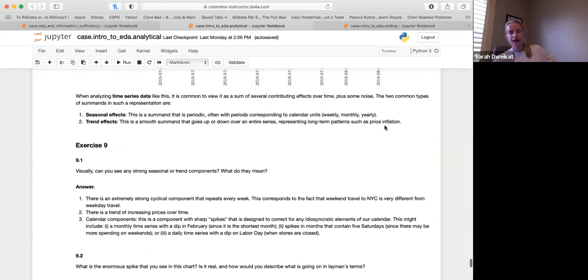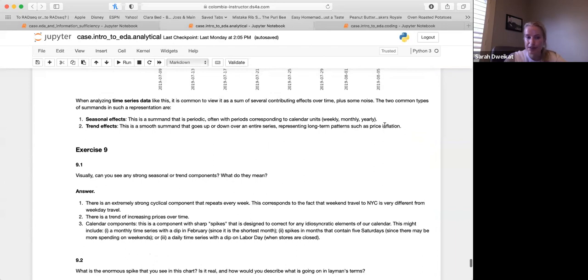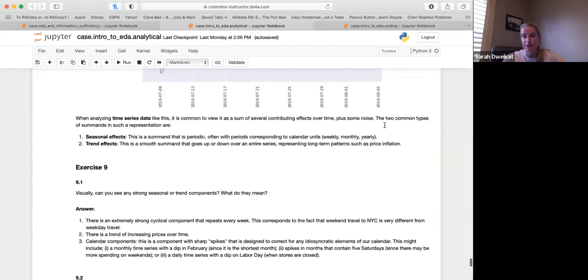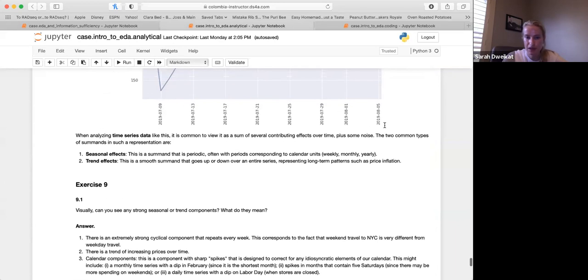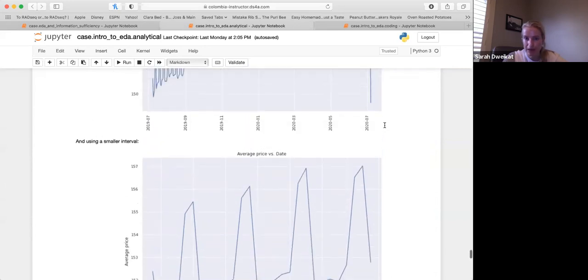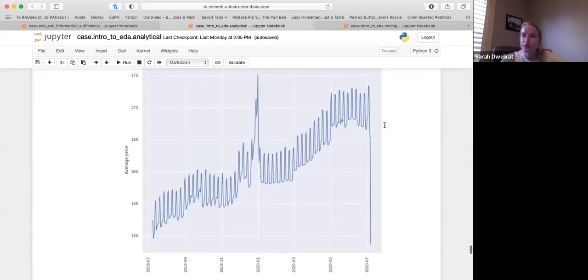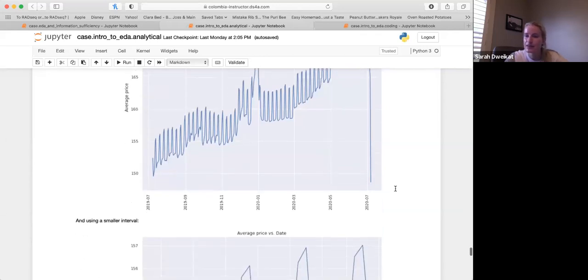So another thing that we should take into account here is that we might see slightly greater spikes or dips in months that have more Saturdays, thinking about the length of the month. If we saw an unusual dip or increase in a particular month, we might have to think about, well, how many Saturdays were in that month?